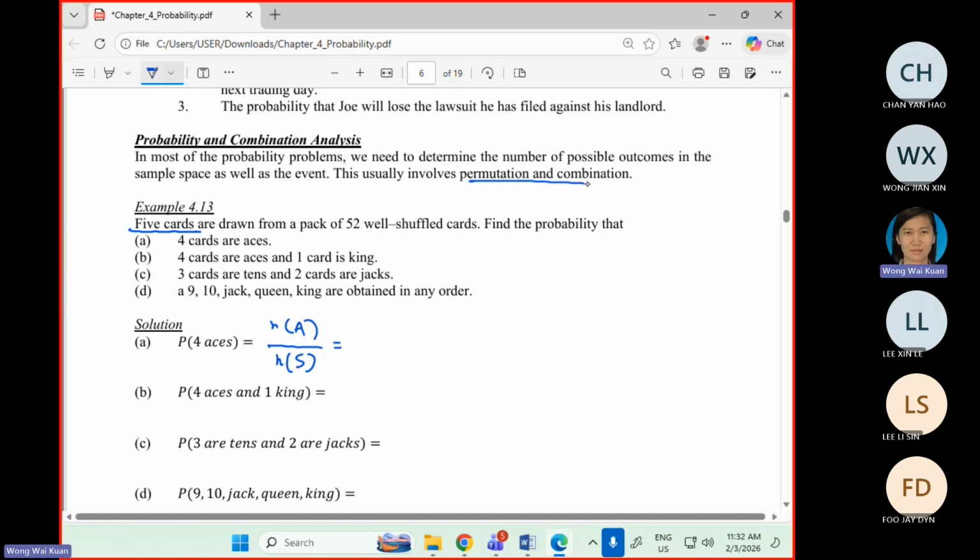I gave you a hint already. It is 52C5. Then how can I get 4 aces?